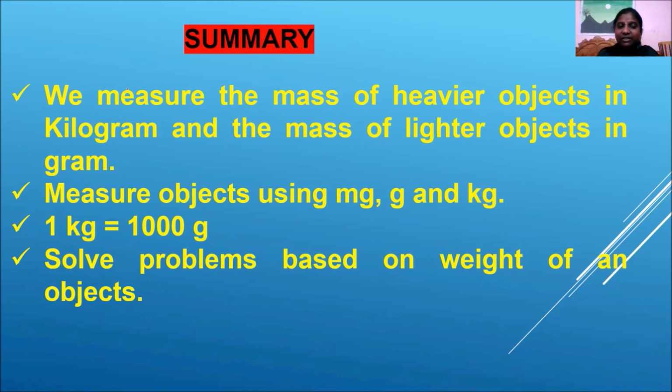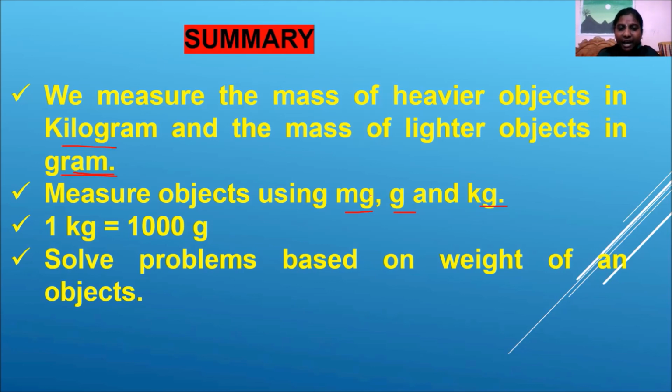Summary in this session. First we learned we measure the mass of heavier objects in kilogram and mass of lighter objects in gram. Next we learned how to measure objects using mg, g and kg.